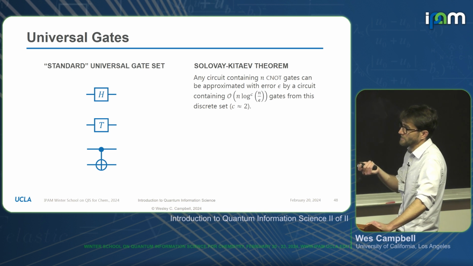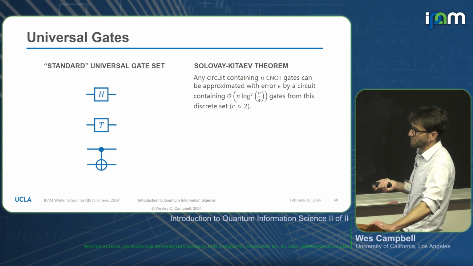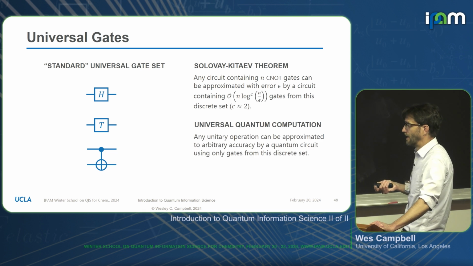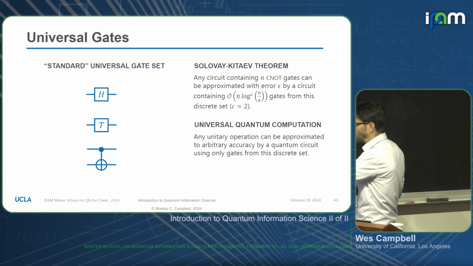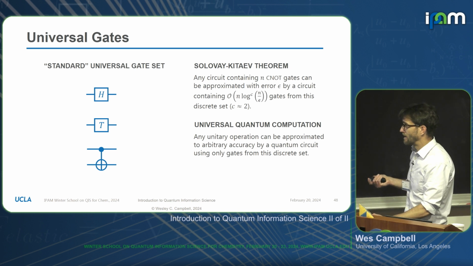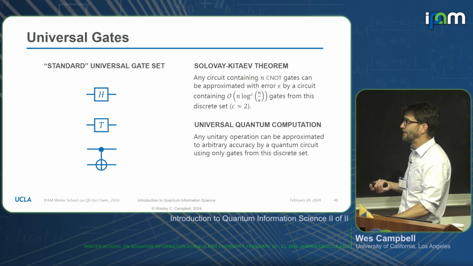The choice of these three is motivated partly by things we haven't talked about, but that's the standard gate set. I haven't proved this, but you can approximate any unitary operation using only these gates from this discrete set.